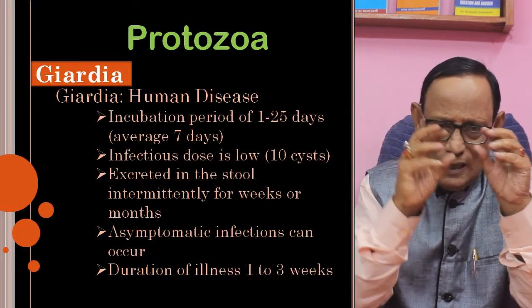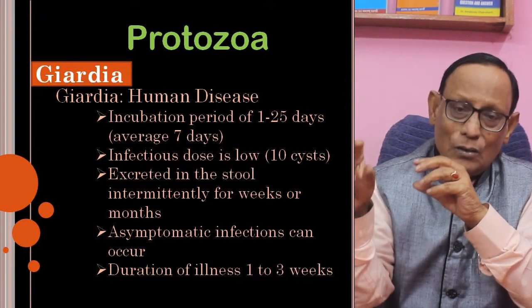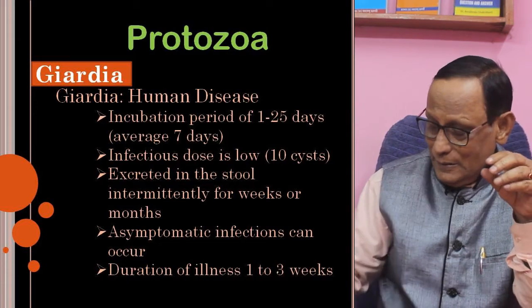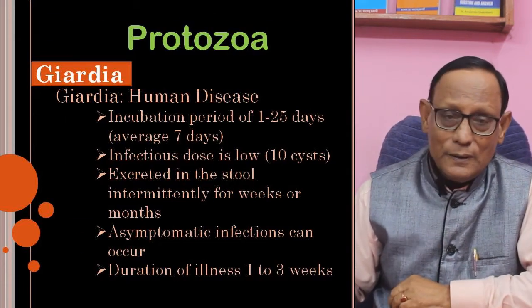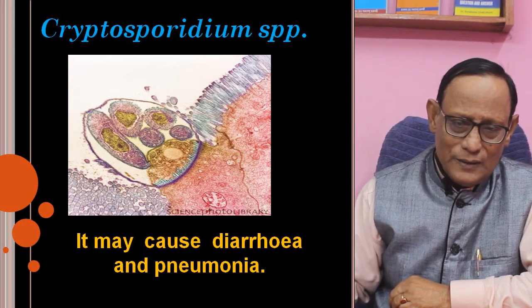So Giardia of cat may infect the human being, or Giardia of a human being may infect the cat, vice versa. That is important. Then Cryptosporidium species, it may cause diarrhea and pneumonia.